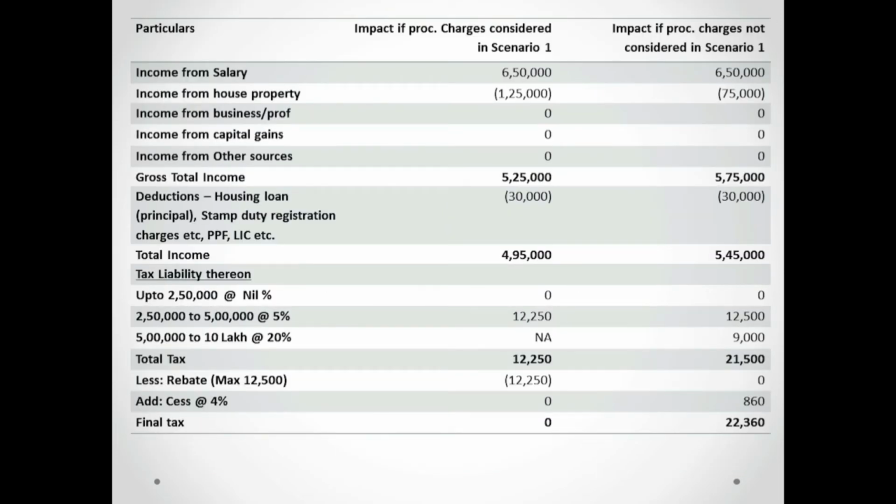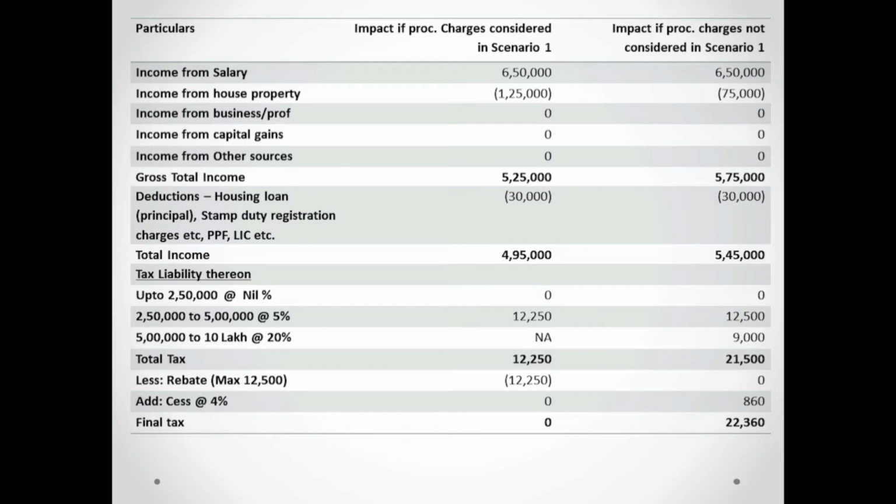Very important. Next one, what is the impact if processing charges are considered, and if they are not considered. Income from salary is 6,50,000 each. Income from house property, in the first scenario there is a loss of 1,25,000, in the second scenario a loss of 75,000, because the difference is 50,000 processing charges which are not considered in the second scenario.